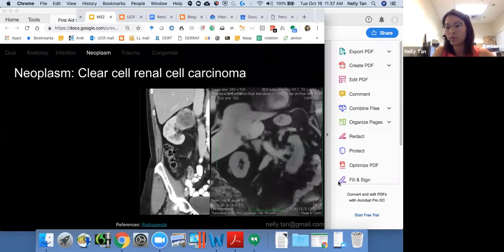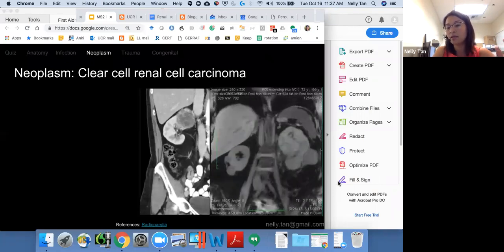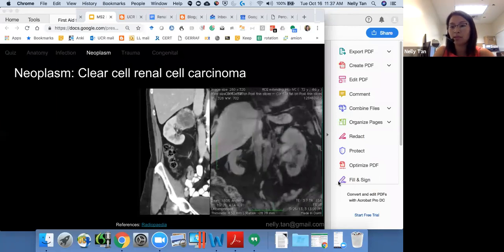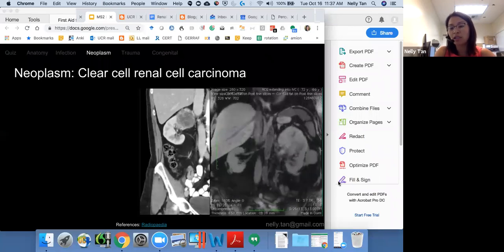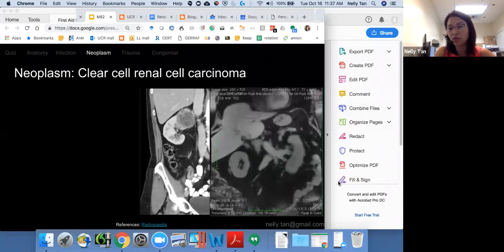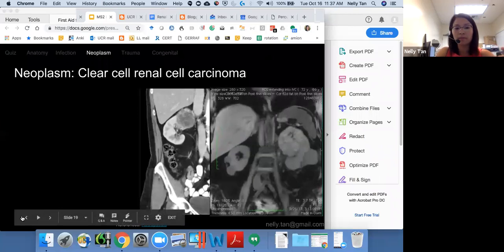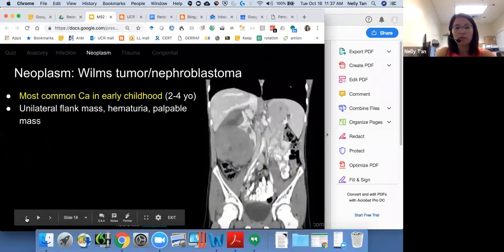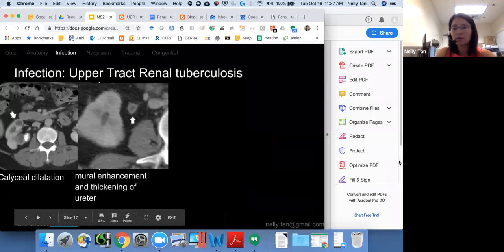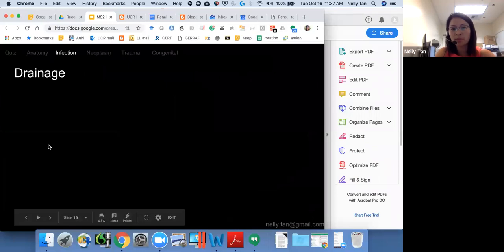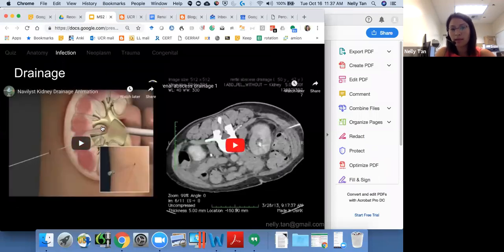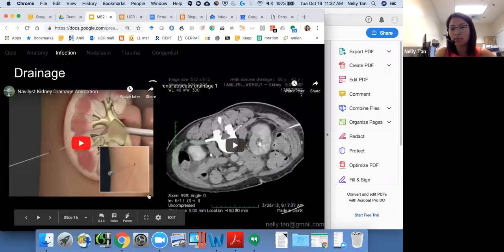They'll typically put a double J stent into the ureter, and once they know that the patient is able to pass urine through the ureter, then they'll cap the nephrostomy tube and do a voiding trial so that they know the lower tract is patent. Oh, sorry, this was probably asked a while back. And then once they know that, they'll take out the nephrostomy tube.